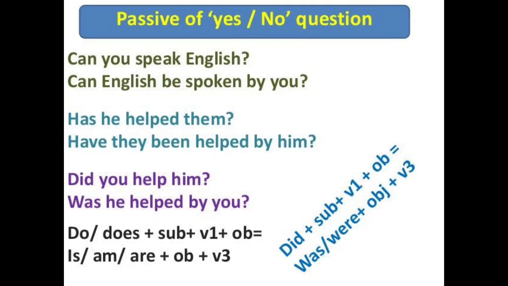If it is in the past tense did, you have to use was or were plus object plus verb 3. So, the sentence structures of interrogative, imperative and other normal positive sentences, active and passive, are very, very important, children. You must understand and learn those sentence structures by heart to change from active to passive.